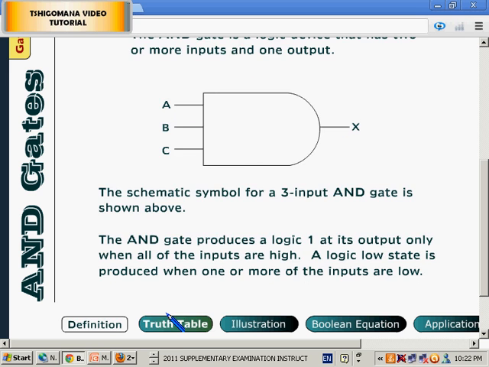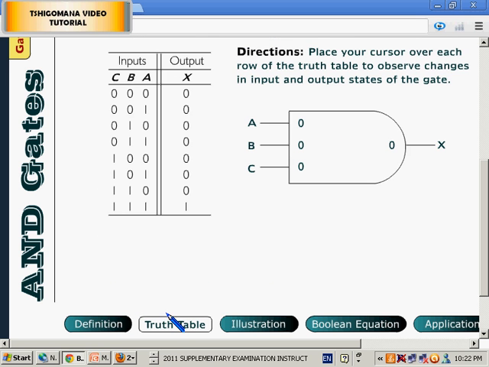Now let us go to the truth table. This is the truth table of the AND gate. Now I'm going to place the cursor over each row of the truth table to observe changes in input. You must be checking what is happening here as I go over each row.